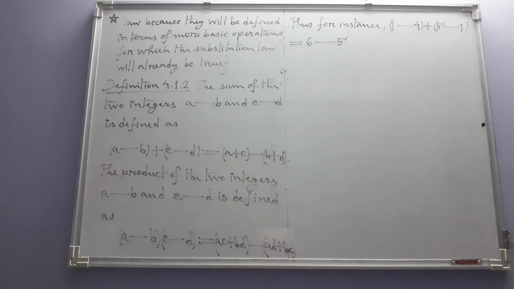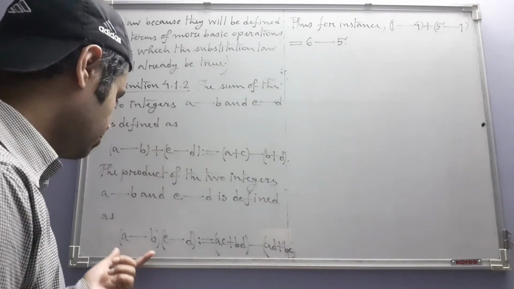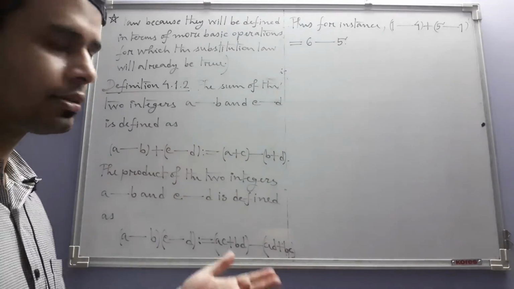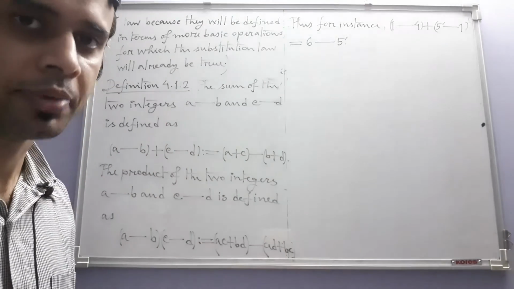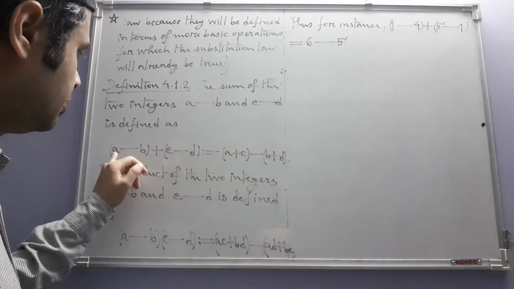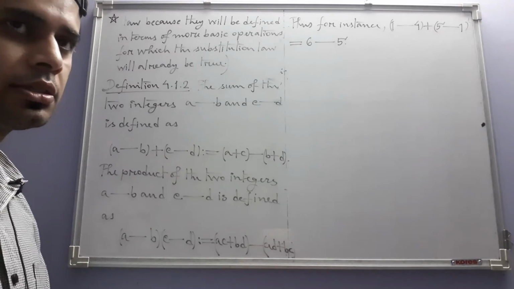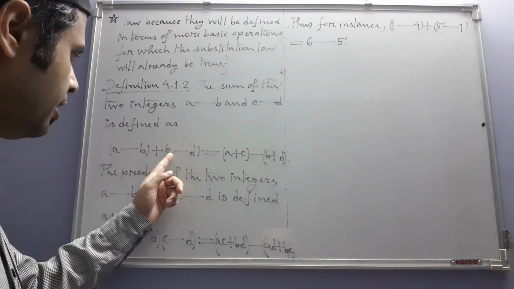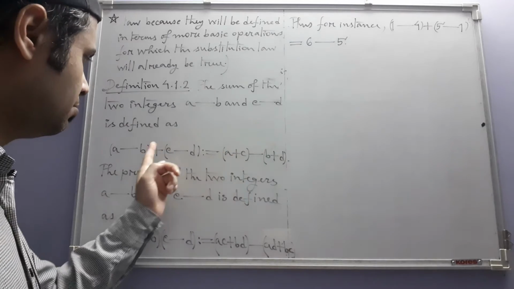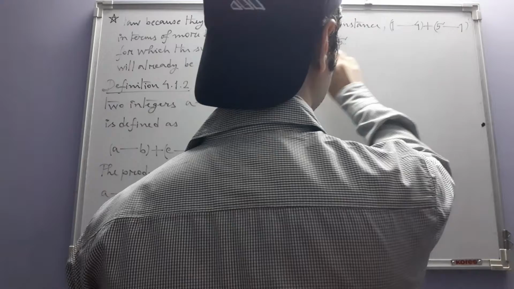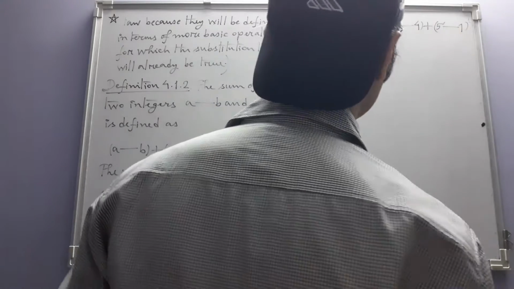We can just simply see, for addition we are just adding, like adding two ordered pairs. You have to add the first coordinates and you have to add the second coordinates. A is added with C and B with D. So 1 plus 5 is 6 and 4 plus 1 is 5.